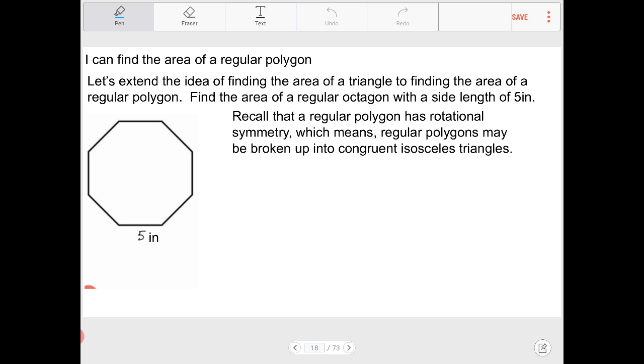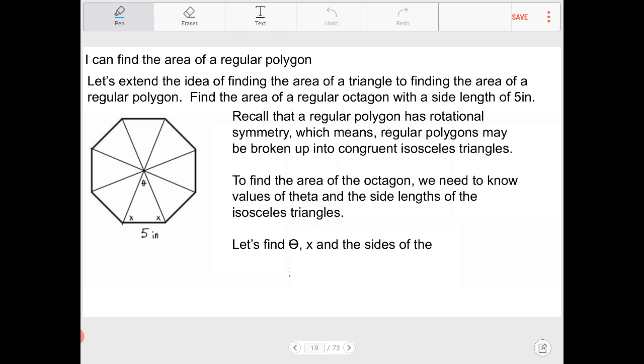With that said, if we were to connect vertex to vertex, what we will end up forming is congruent isosceles triangles. So by doing this, if we find the area of one isosceles triangle and multiply that by n, the number of sides, we will then end up with the area of the polygon.